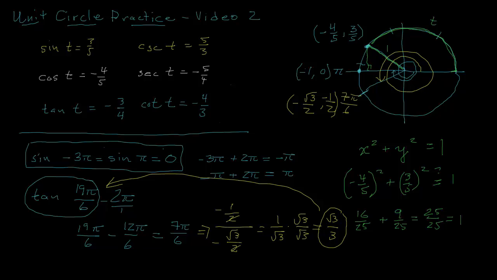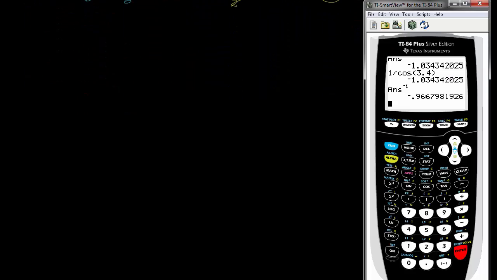Now, a little bit of how to use a calculator. So let's move down here a little bit, bring up our calculator. Suppose you want to find just an arbitrary real number, cosine, say of, let's just say 3, the cosine of 3.